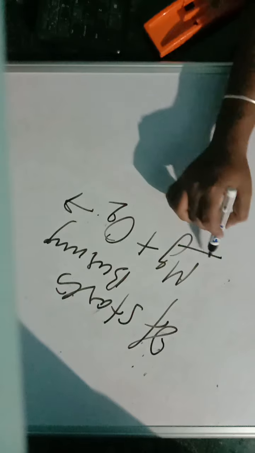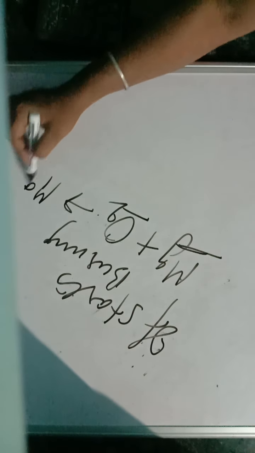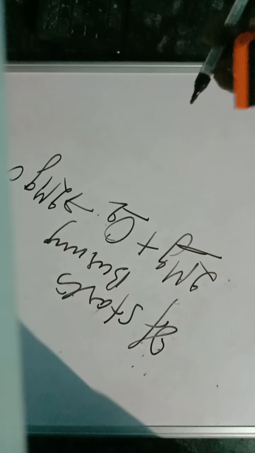So when magnesium plus oxygen starts burning, it will form magnesium oxide. If this starts burning, what are the observations, what can we see? The first observation is a dazzling white flame.